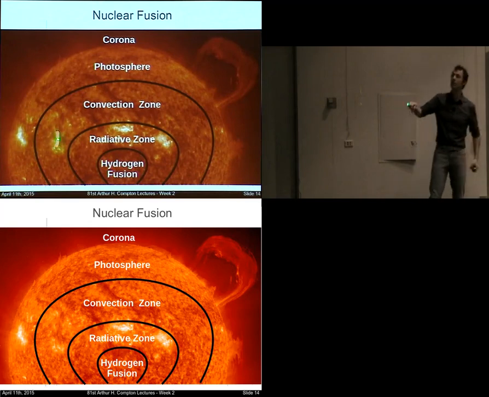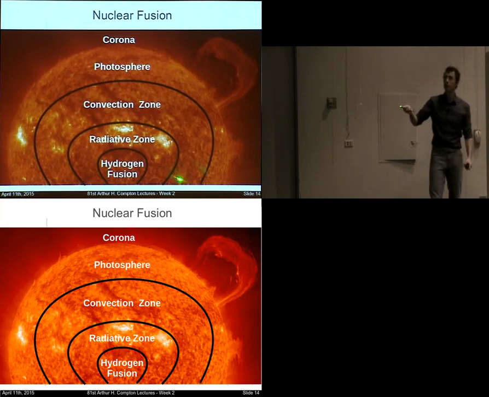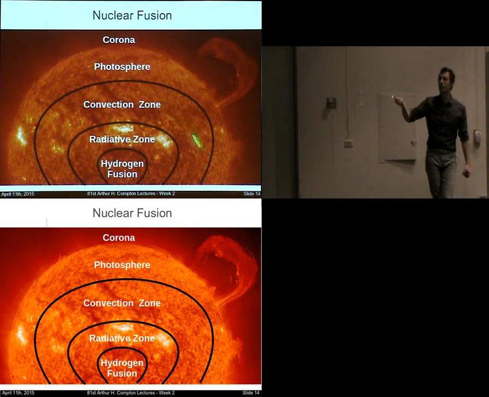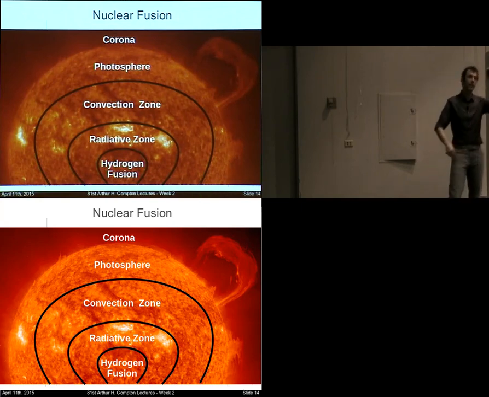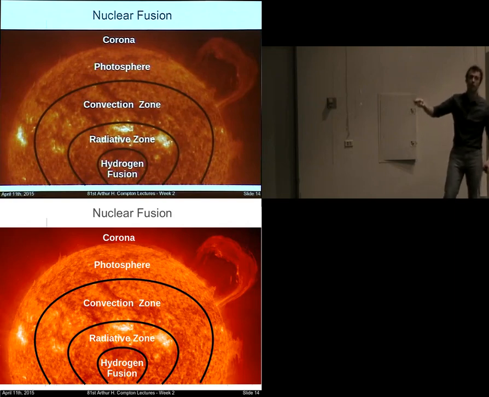So this is more like what's happening when you boil a pan of water on the stove. You can imagine this as being the heat source, and then you have hydrogen up here, and this is kind of bubbling away. The hot material comes up, gets convected upwards, and then you end up with these convection currents and so on.